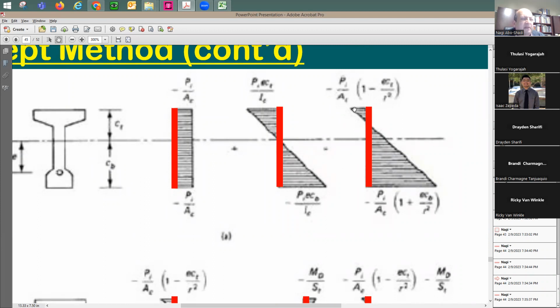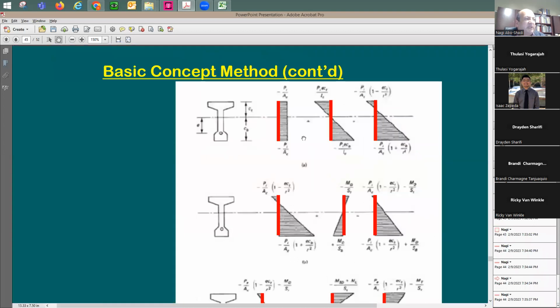In the top, I may end up with some tension, or sometimes a little bit of compression. So it depends. Sometimes it's going to be like this, or it's going to be like this. It depends on the location of the strand and the amount of jacking force, the pre-stressing force, that you put to it. So in this section, I have the effect of pre-stressing. This is the total pre-stressing: axial compression and eccentricity. It's going to give me this.